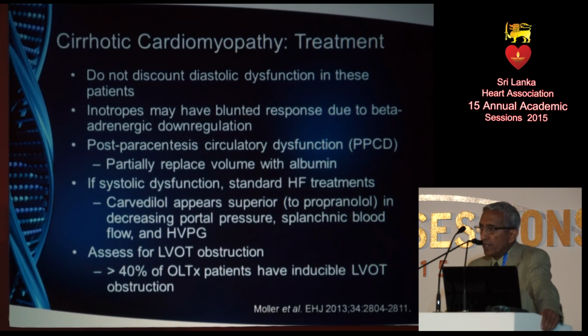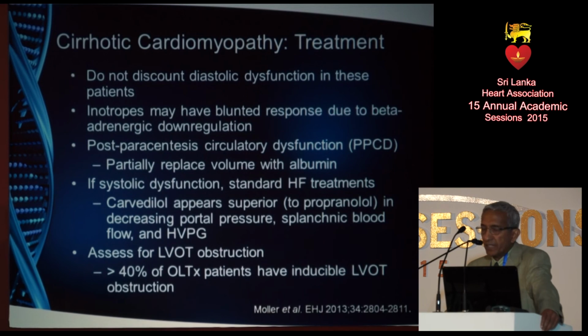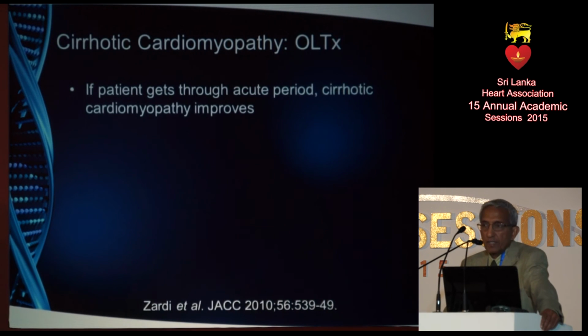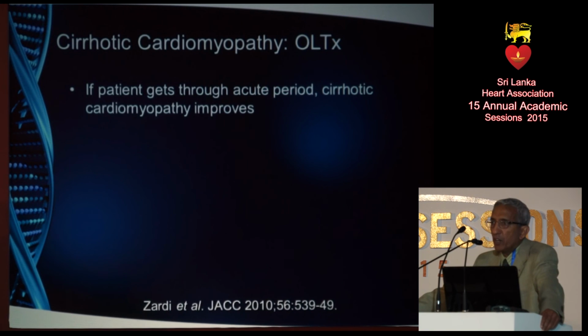In systolic dysfunction, use standard heart failure treatment, and again, carvedilol appears to be superior in many settings, as was mentioned previously as well, in terms of improvement compared to other beta blockers. And some of these people can have left ventricular outflow tract obstruction, simulating a hypertrophic cardiomyopathy type of picture as well. But generally, if the patient can be gotten through the acute period, the cirrhotic cardiomyopathy improves substantially.